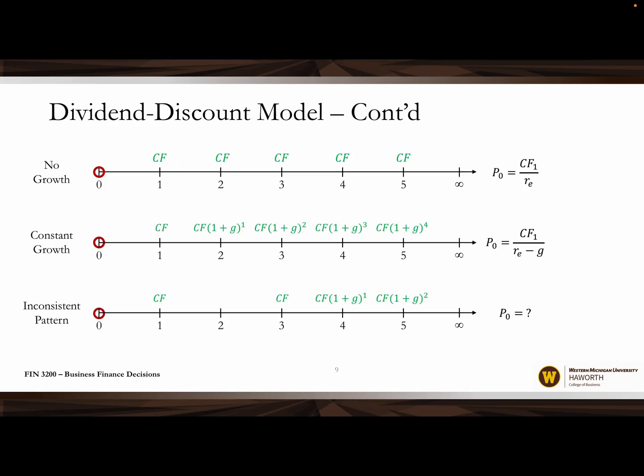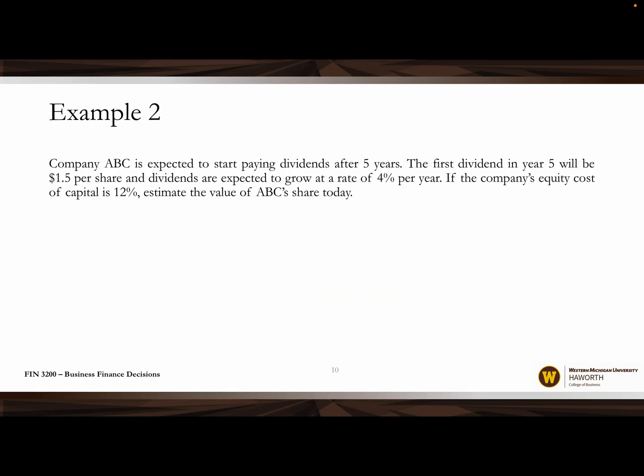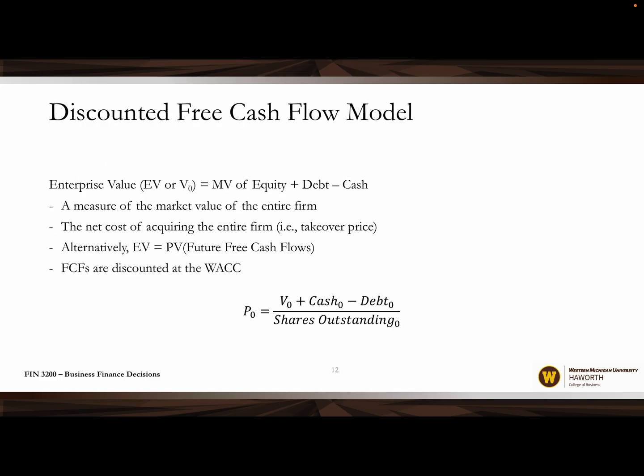Examples 2 and 3 are dividend discount model examples, and then let's do the discounted free cash flow model. First let's do some definitions. The enterprise value is the market value of the entire firm.